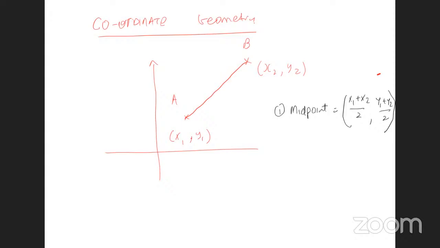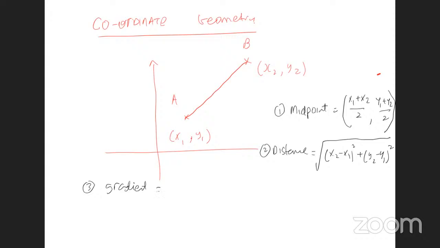To find distance between 2 points, you find the square root of (x2 minus x1) squared plus (y2 minus y1) squared. Right? To find gradient, y2 minus y1 over x2 minus x1. Okay?